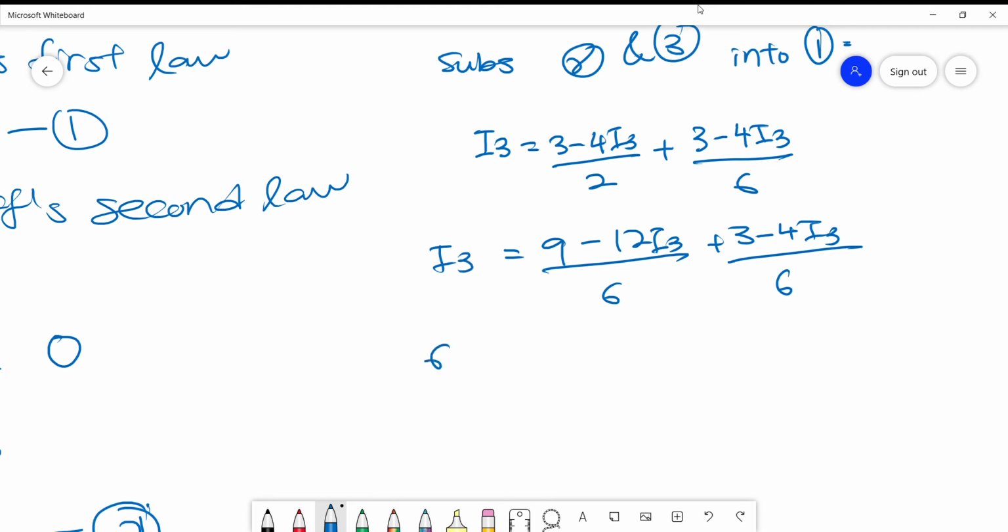So this is 6I3 equals 9 minus 12I3 plus 3 minus 4I3. If I resolve it, my I3 will be 0.545 ampere.